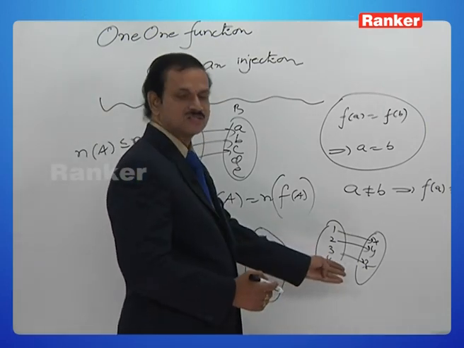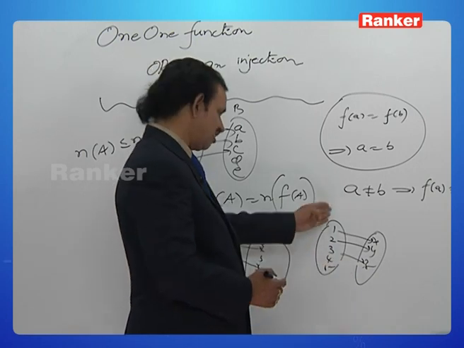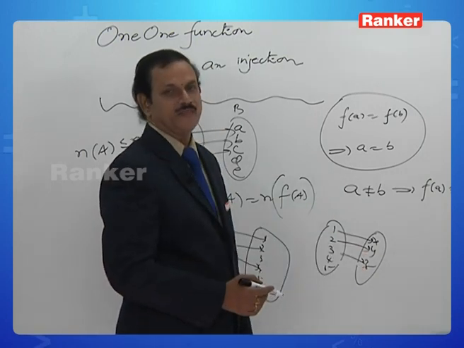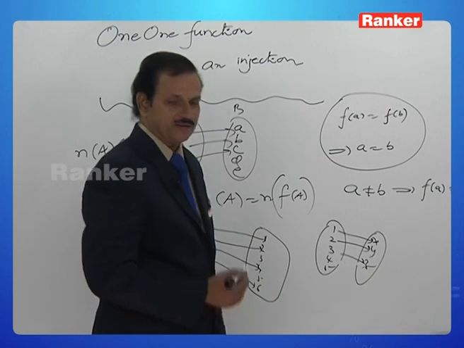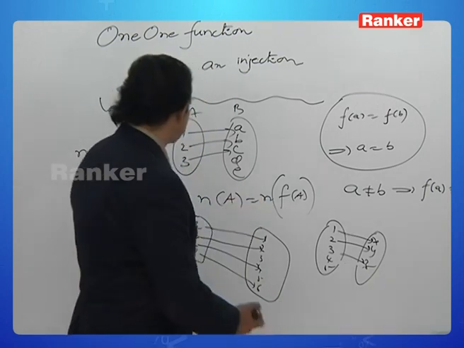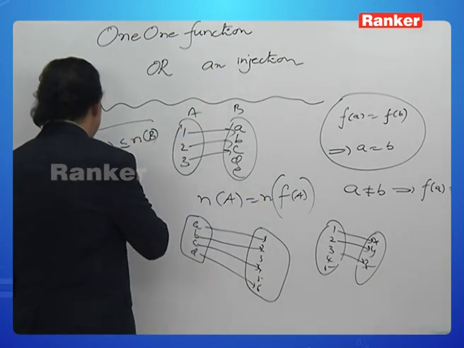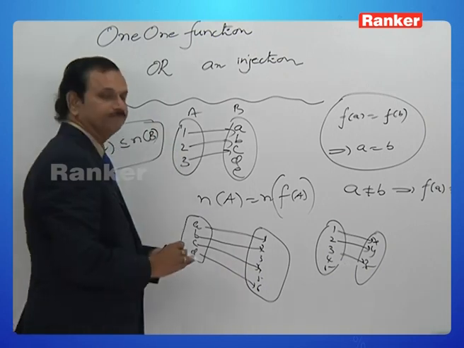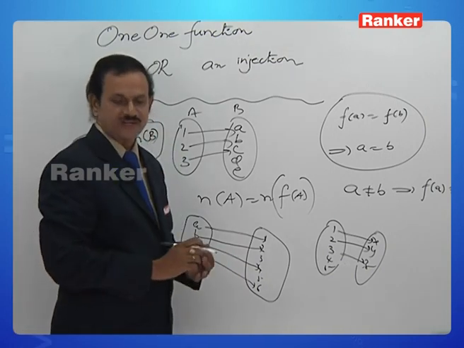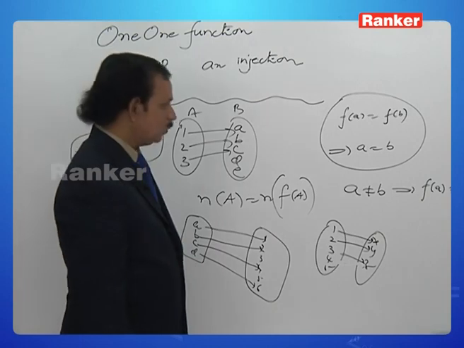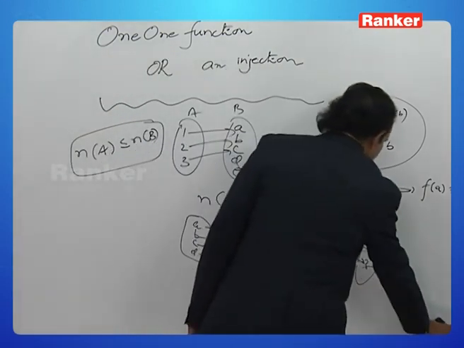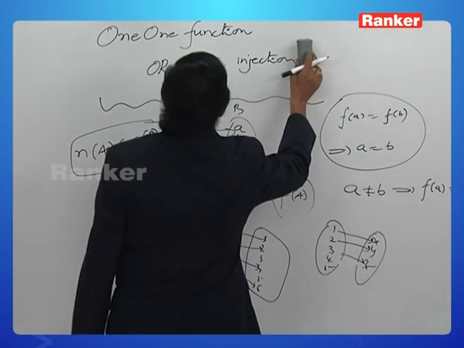These situations may arise if you take n of A greater than n of B. That is why in order to define a 1-1 function, you must have n of A less than or equal to n of B. This is the case of a 1-1 function. Well, let us note down some famous 1-1 functions.